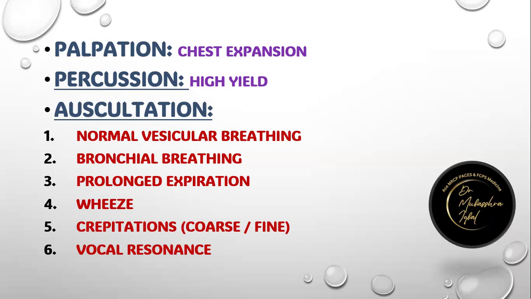In the auscultation, you will comment on whether there is normal vesicular breathing, bronchial breathing, vesicular breathing with prolonged expiration, any expiratory wheezes, crepitations. If there are crepitations, either they are fine crepitations or coarse crepitations, and also comment on the vocal resonance.